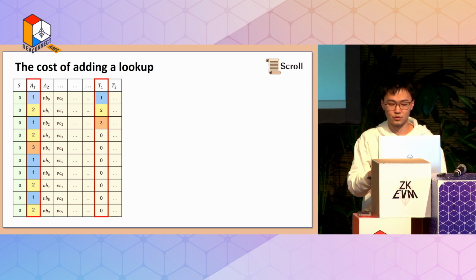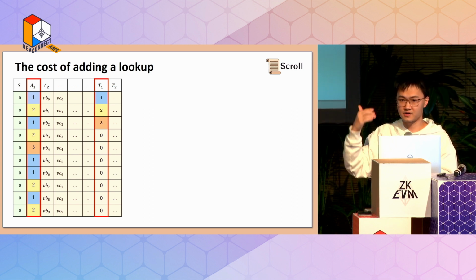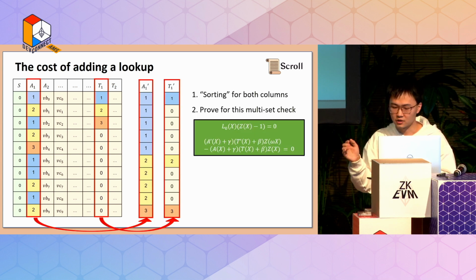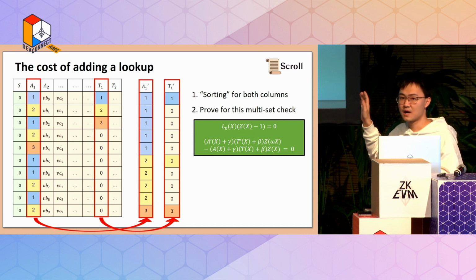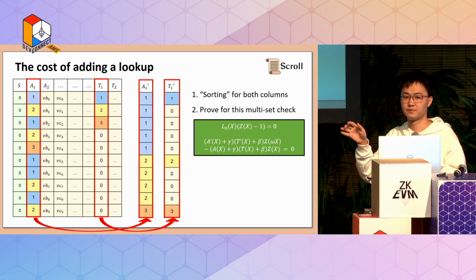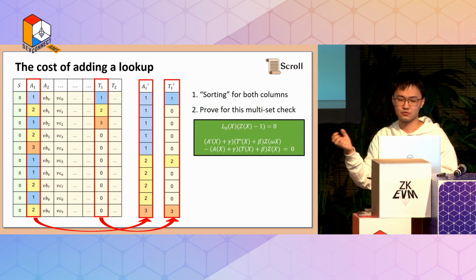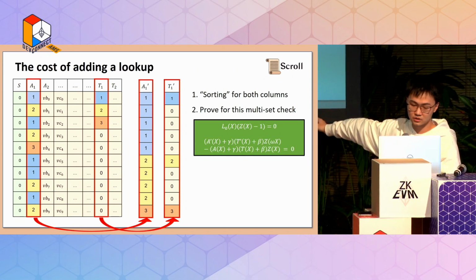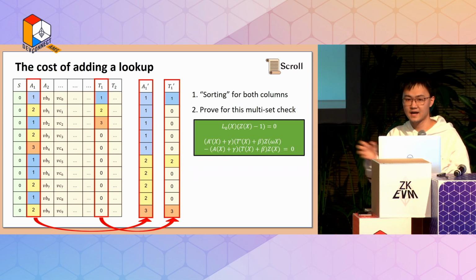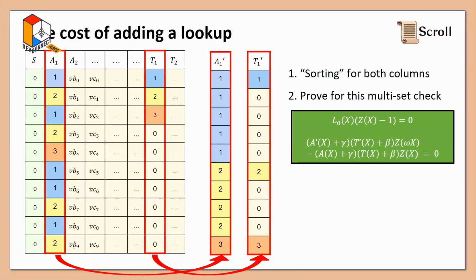What I'm describing is the lookup using Halo 2, which is different from plookup. In plookup, you concatenate two vectors and sort them, then you randomize the differences and generate some constraints, some polynomials. What Halo 2 is doing is that instead of concatenating, for each column it generates a permuted column, which is just some sorting of your initial column.